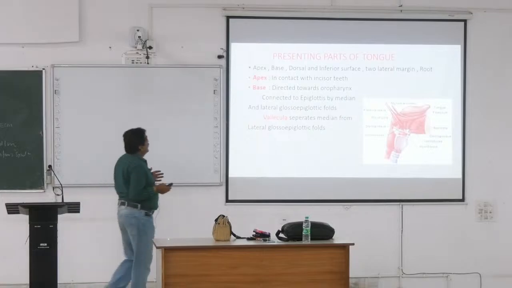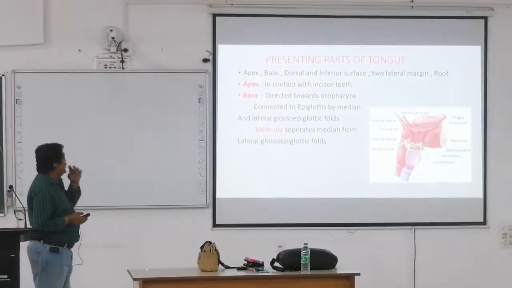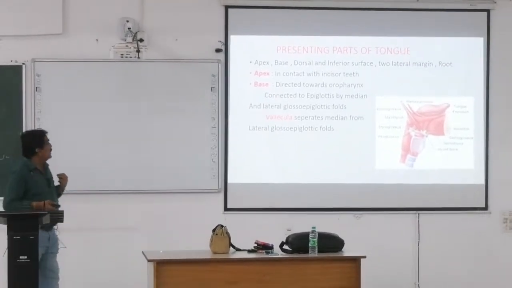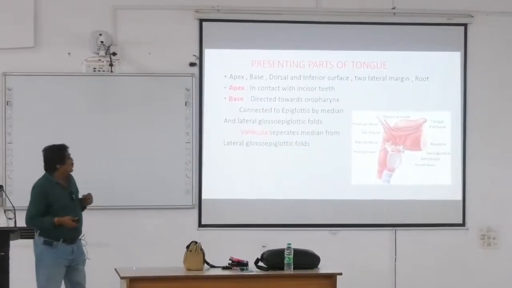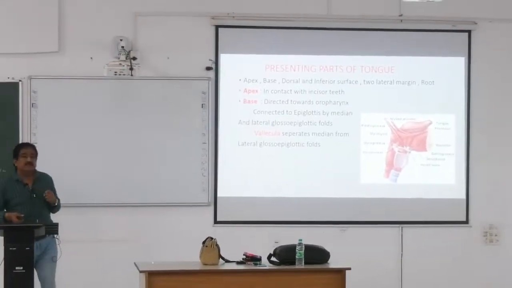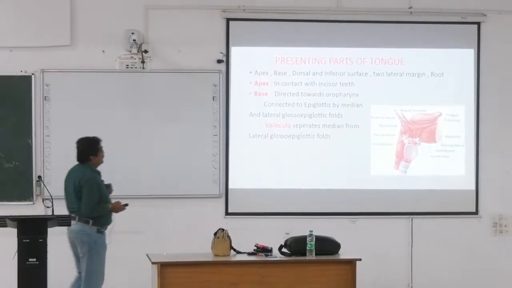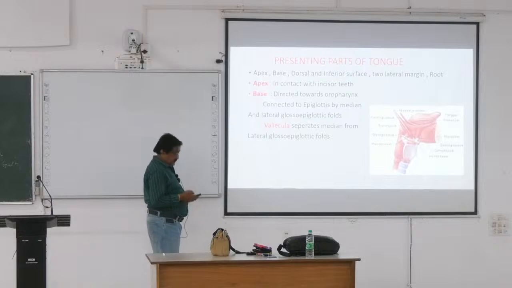The apex is in contact with the incisor teeth, and the base is directed towards the oropharynx, connected to the epiglottis by median and lateral glossoepiglottic folds. The vallecula separates the median from the lateral glossoepiglottic folds.